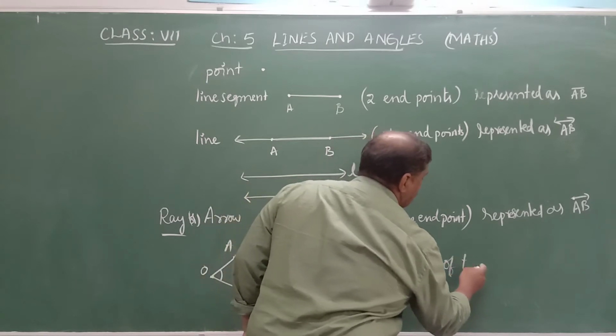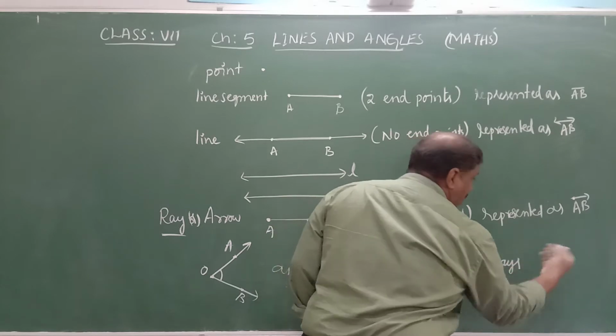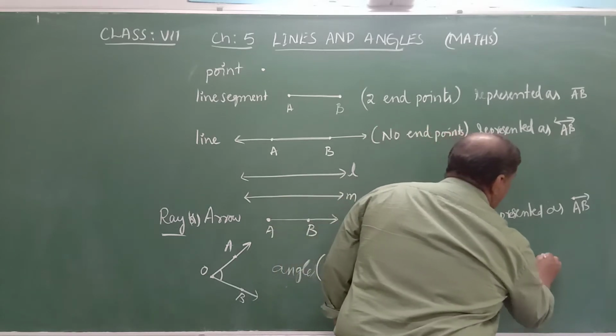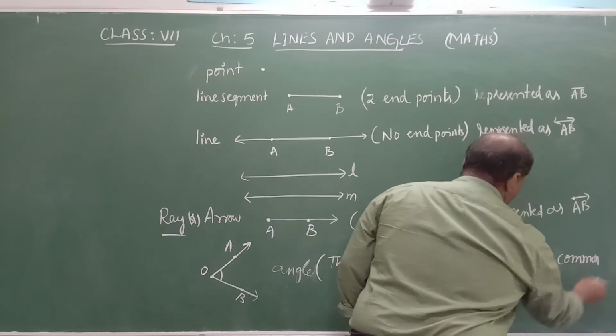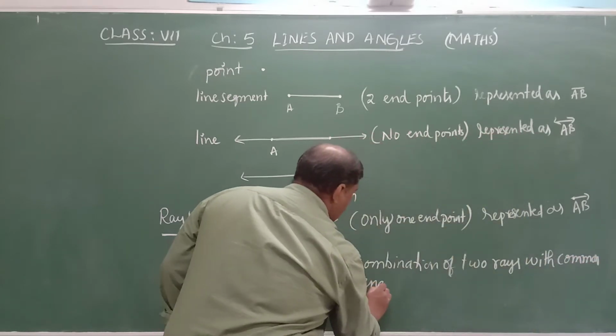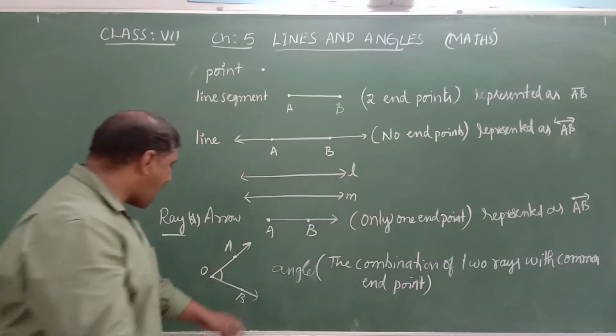Two rays with a common end point is known as an angle. How is this angle represented?